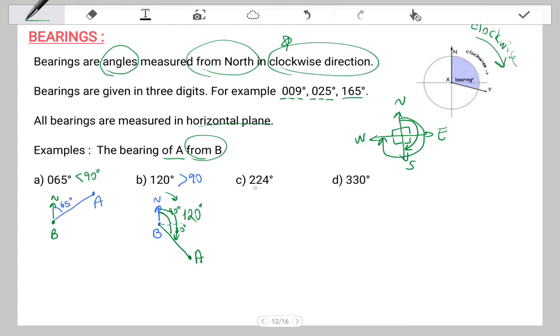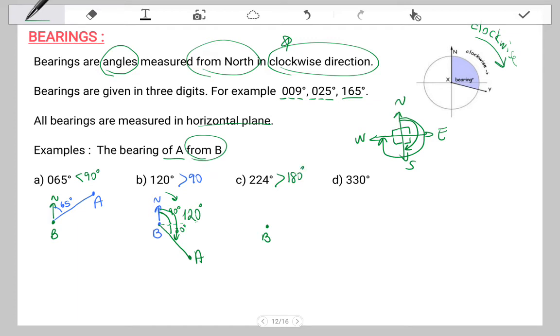In the other one we have 224 degrees, and again I'm going to plot point B, and 224 is a big angle. It is bigger than 180 degrees.